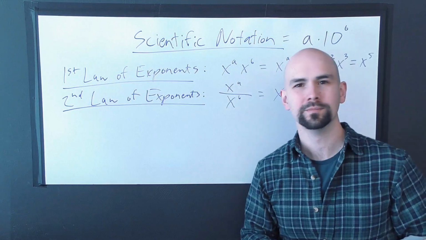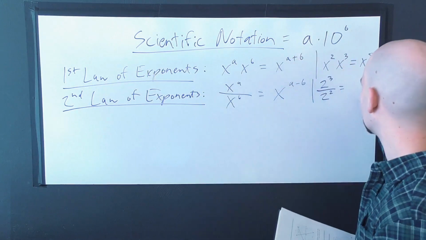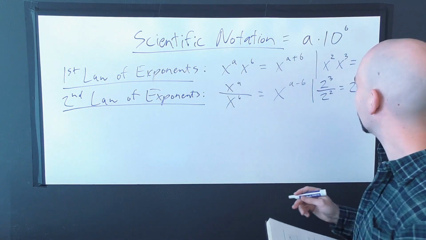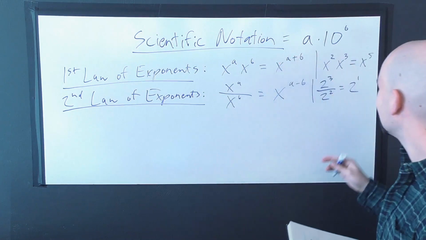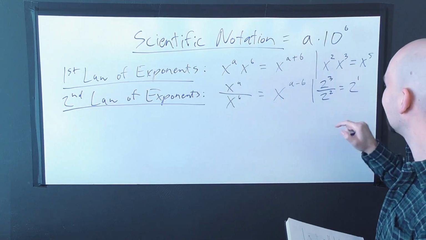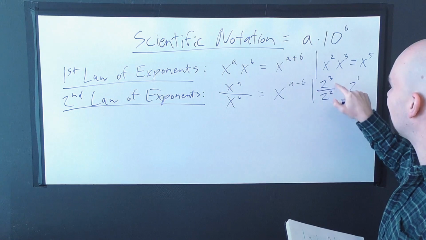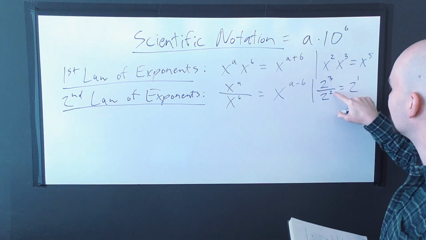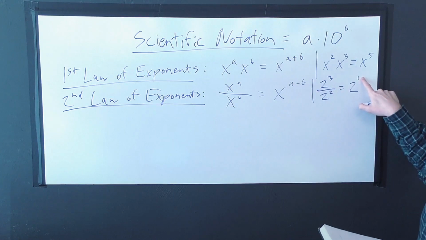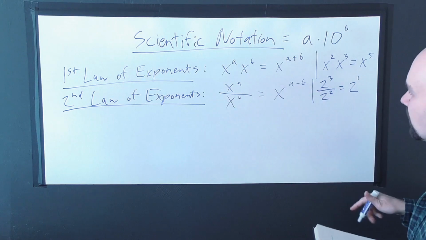What does that equal? That equals 2 to the power of 1, or just 2, all right? So 8 divided by 4 is 2, and if I take the power of 3, subtract the power of 2, I get the power of 1. So this second law of exponents checks out.